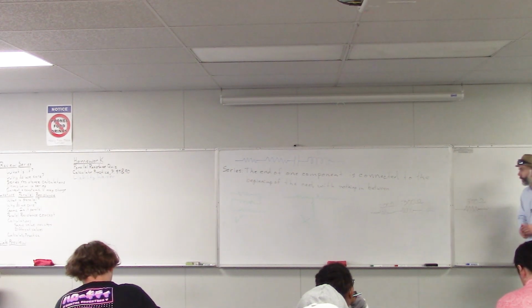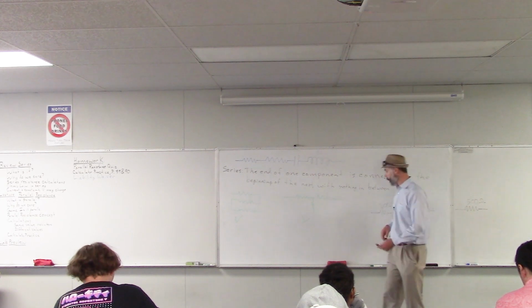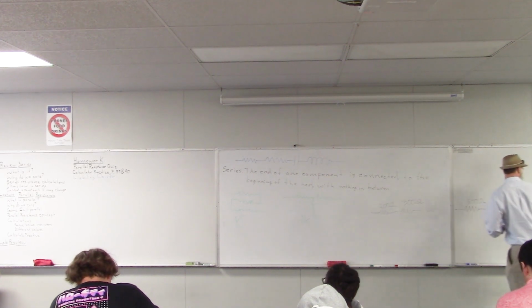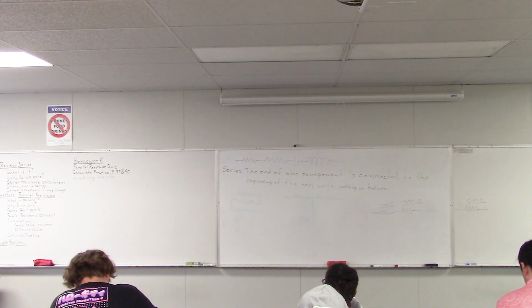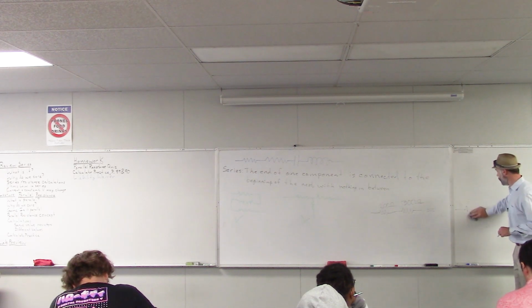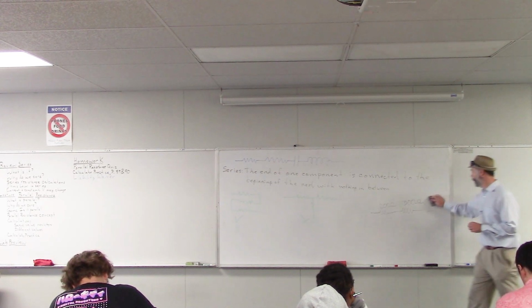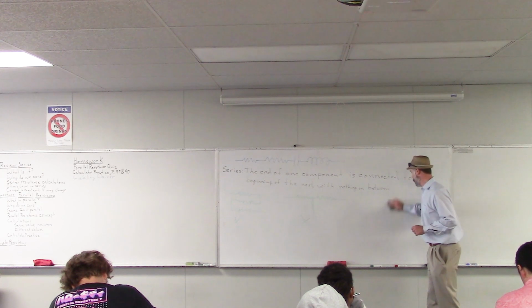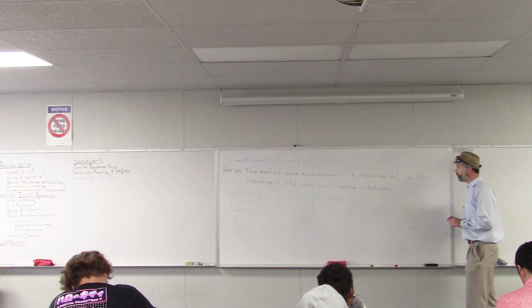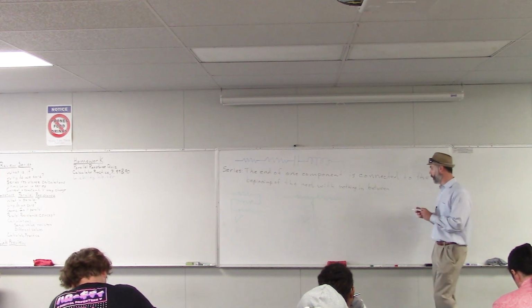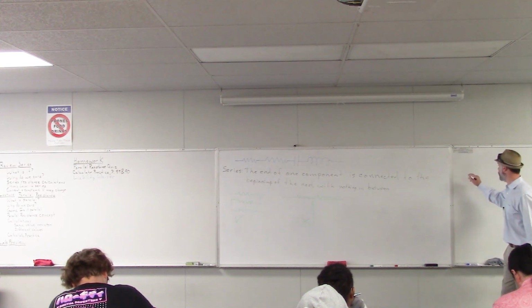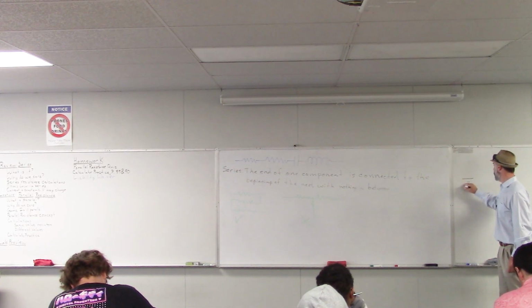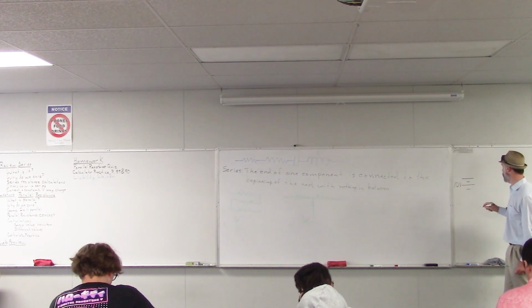All right. So then we also looked at how we could do calculations for Ohm's law in a series circuit. So let's say we have a series circuit here, and we've got, say, 10 volts there.